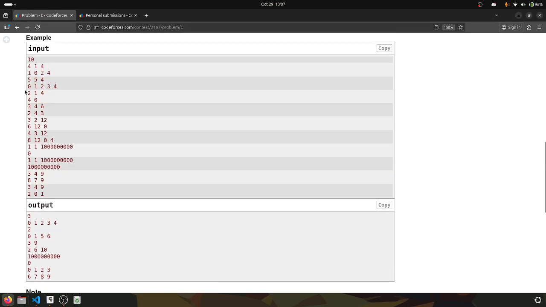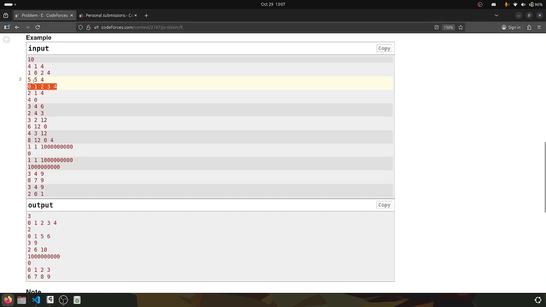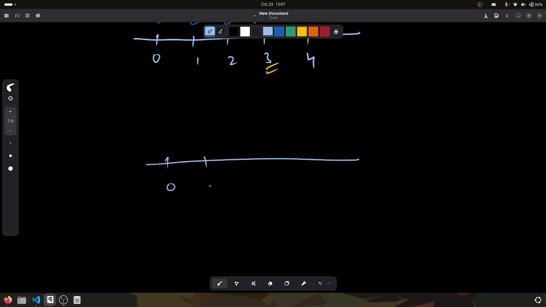Okay. So the next is 0, 1, 2, 3, 4. And the range is still 0 to 5, and we need to place 5 teleporters.